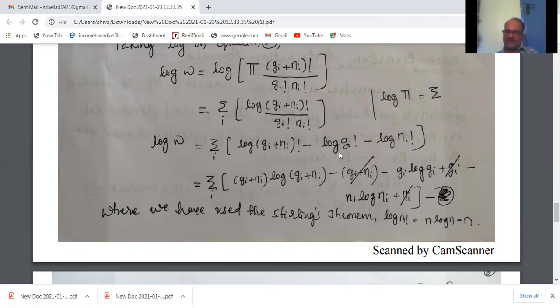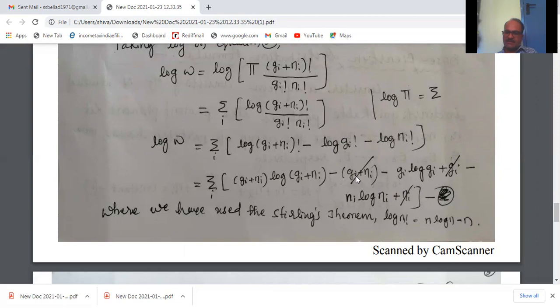Next, similarly, you expand log of gi factorial using Stirling's approximation, you will get these two terms. And similarly, you expand the log of ni factorial using Stirling's approximation, you will get these terms.